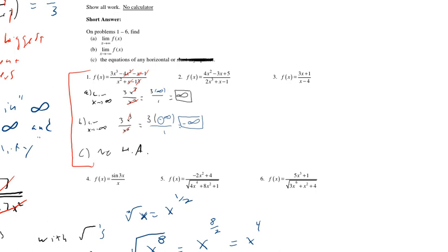Let's try number 2. Erase myself here, get a little bit of room. 2a, again, we're looking for the limit as x approaches infinity. For number 2a, we're going to cancel stuff, and I'm going to have x squared and x cubed left over here. So really I'm going to have 4x squared over 2x cubed.